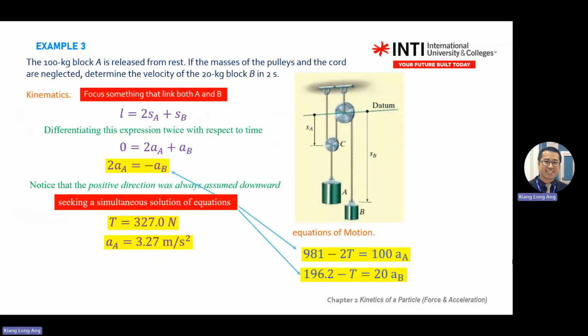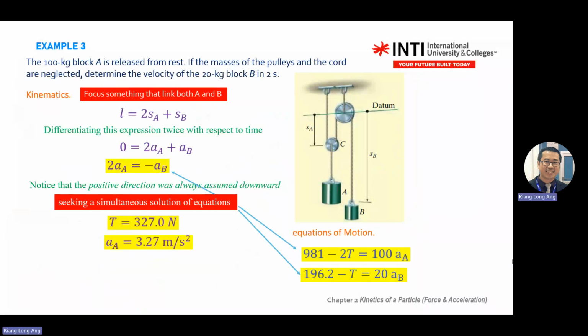Because you're not seeing any quadratic equation like example number 2. You get one acceleration, one constant value, means constant value. If you get 3.27 t plus something, then that one cannot already. You see one value, then okay, you can use the 3 motion equations.